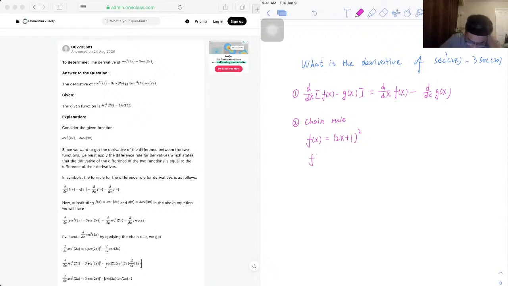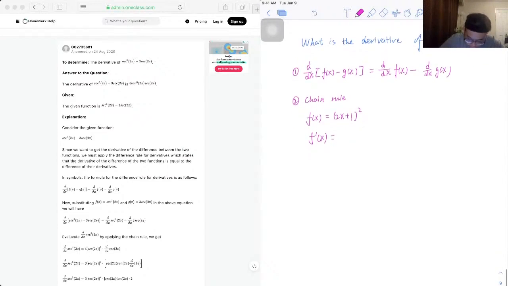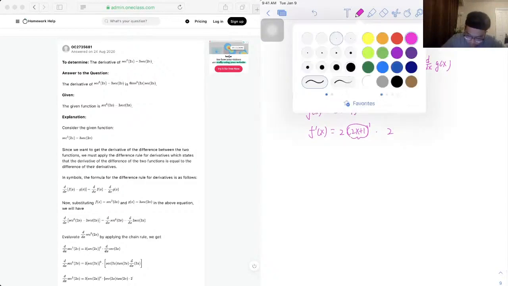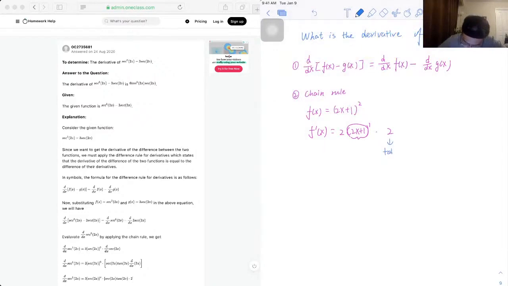The derivative of f(x) is equal to moving the 2 to the front, so the exponent 2 becomes 1, and always remember to multiply by 2, because 2 is the derivative of this part, the derivative of 2x plus 1.